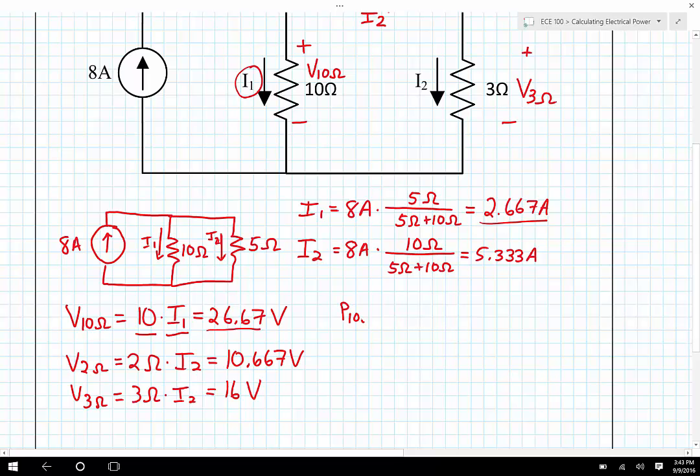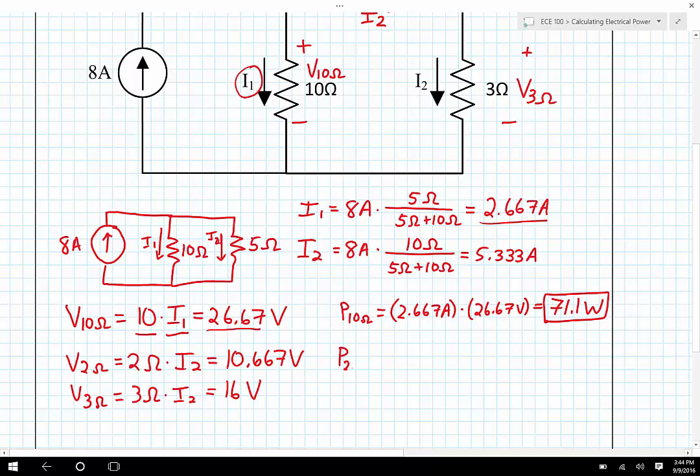So the power in the 10 ohm resistor is going to be 2.667 amps multiplied by 26.67 volts, which is 71.1 watts. So that resistor is absorbing about 70 watts.